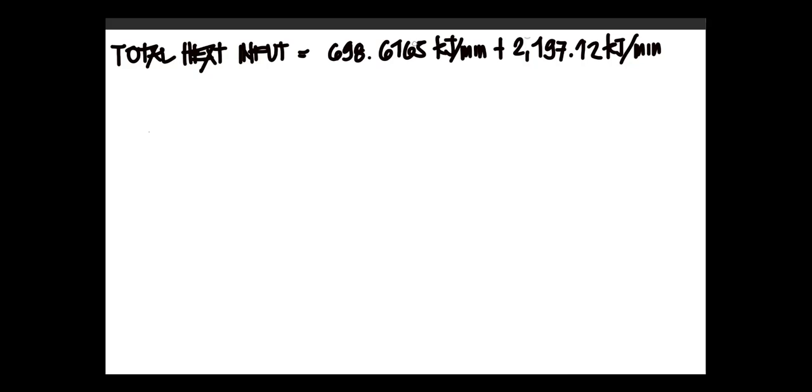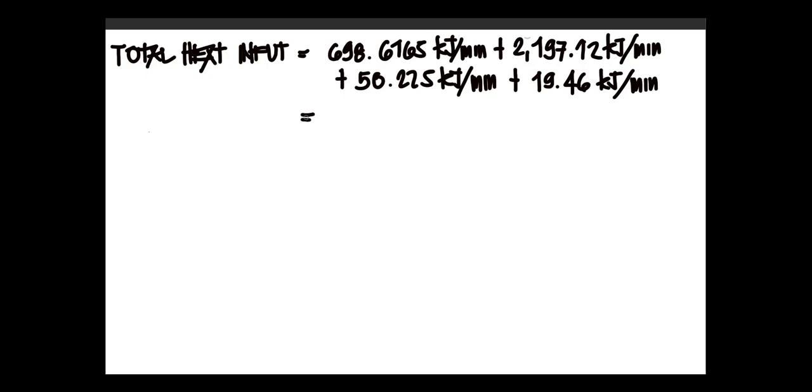For the pipeline from evaporator to compressor, I'm gonna add also 50.225, so we have the units of kilojoule per minute, then plus the heat input from condenser to expansion valve. That will be 19.46, kilojoule per minute.